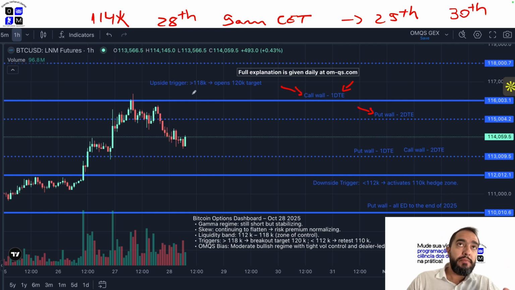With that information from the options, we have the levels that you can see in the dotted or solid lines. Whether it's dotted or solid is just for visualization purposes, it does not change anything. What matters are the levels.